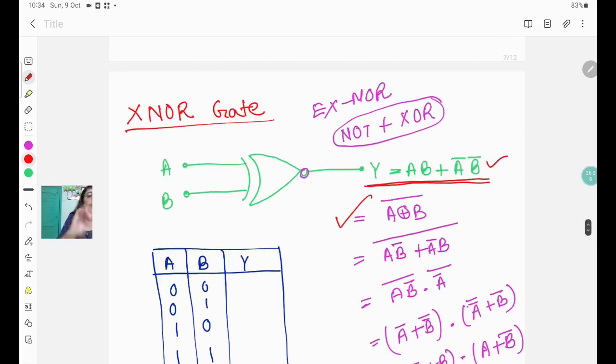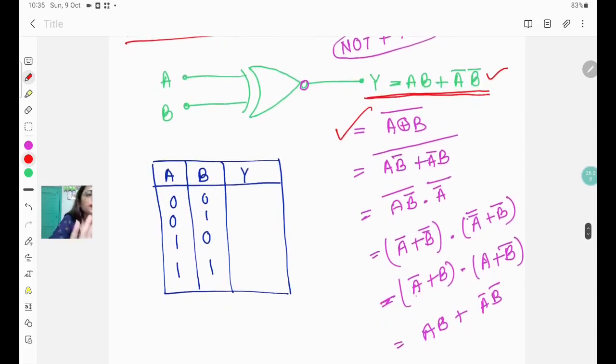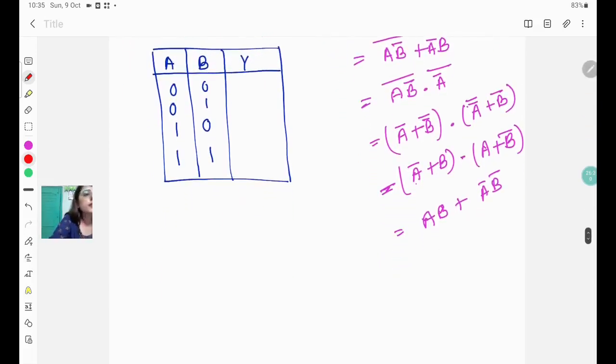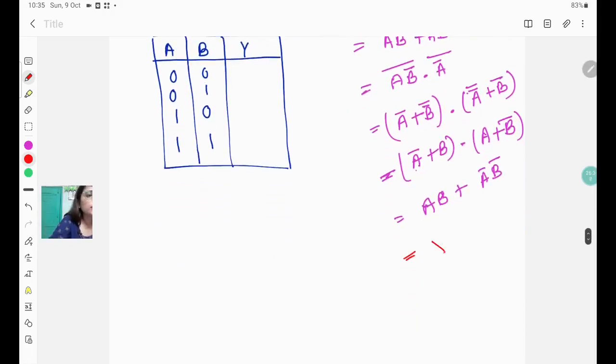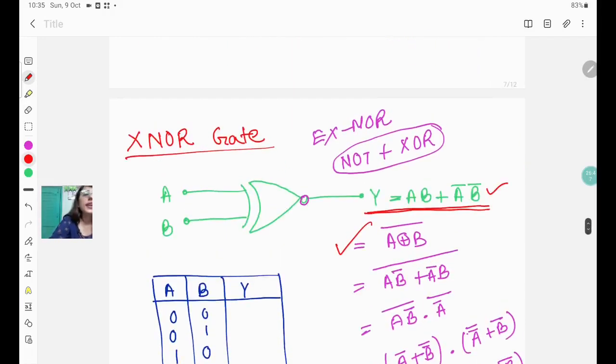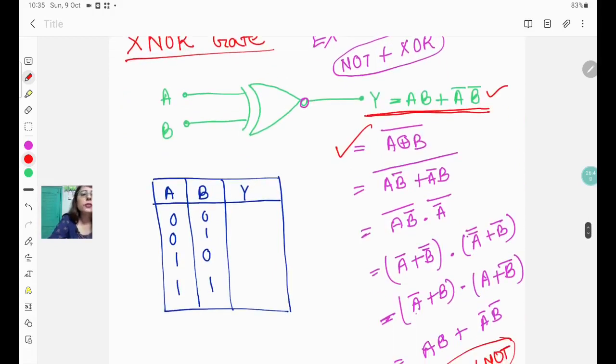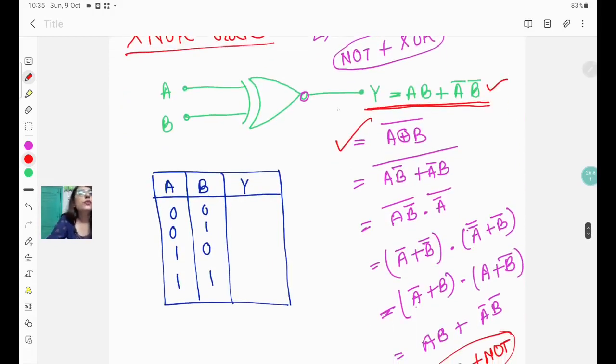So the XNOR gate is basically nothing but the reciprocal, or the complement, of the XOR gate. So this is the XOR gate plus a NOT gate, that is the complement of the XOR gate, and it is called the XNOR gate.